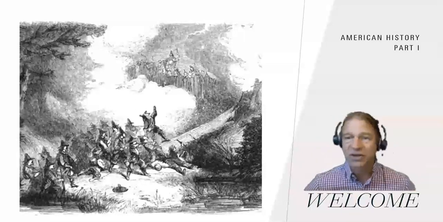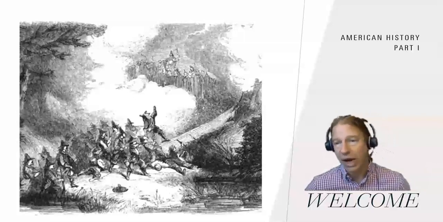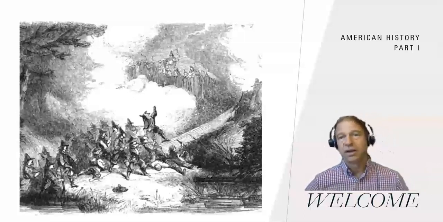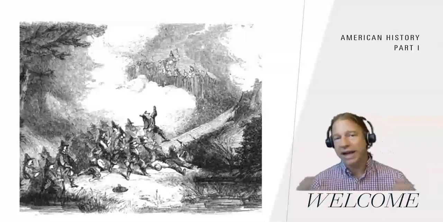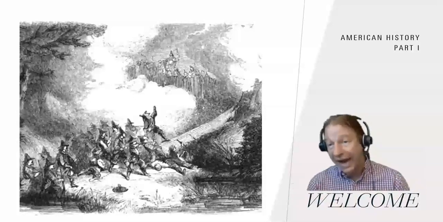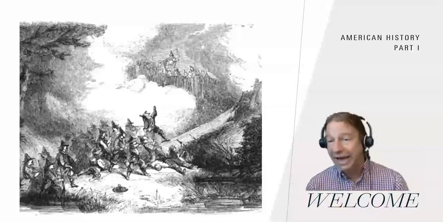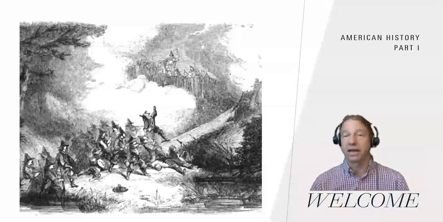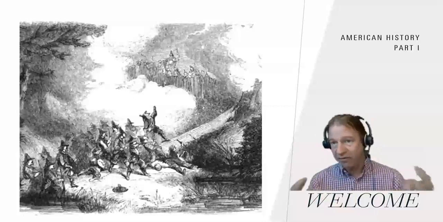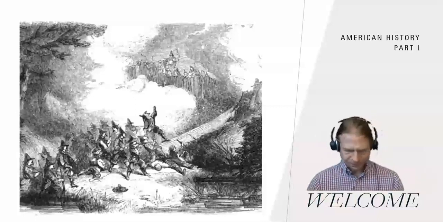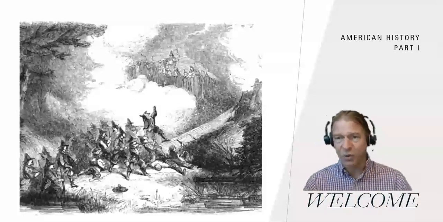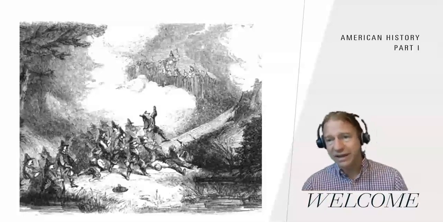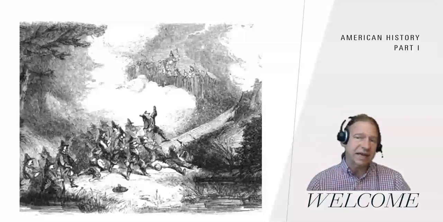The engraving that you see here is an engraving, by the way, of colonists attacking a Narragansett Native American fort in Rhode Island during King Philip's War, during 1675 and 1676.